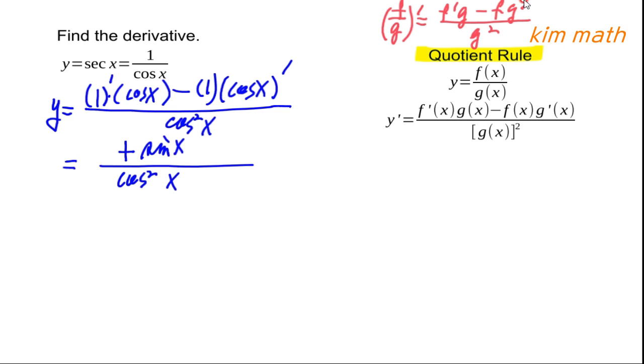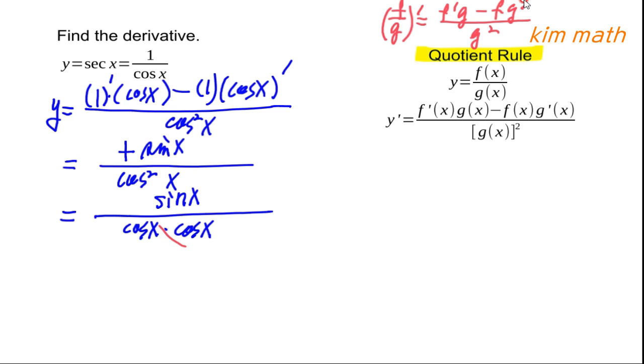Basically, this is the answer, but most calculus books use a different expression as a formula, so we need some modification. So sine x here, and instead of cosine squared of x, definitely cosine x times cosine x is good, right?